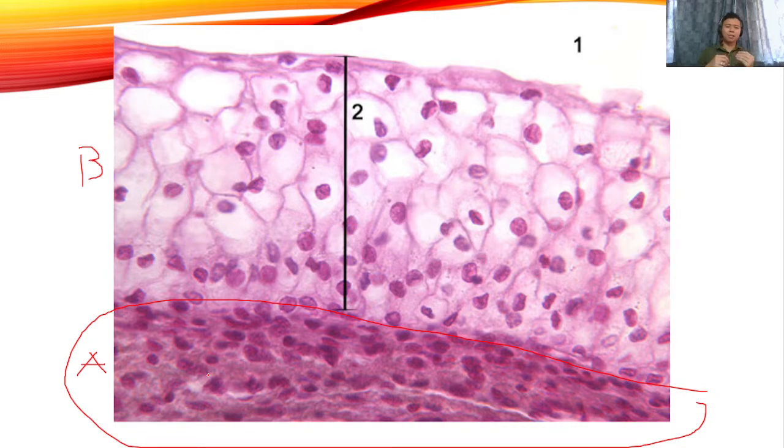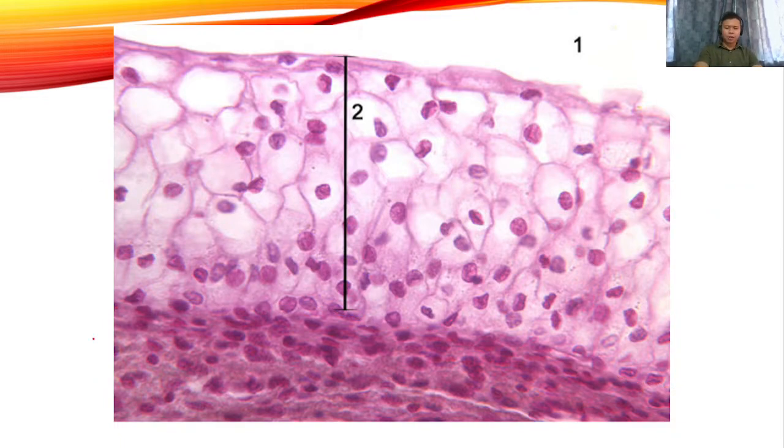By the time it is filled with materials and it needs to accommodate those volume of materials, it needs to be stretched, having this type of appearance. It tends to get stretched, and it becomes thinner and thinner as it's stretched apart. So transitional epithelia looks like this one.